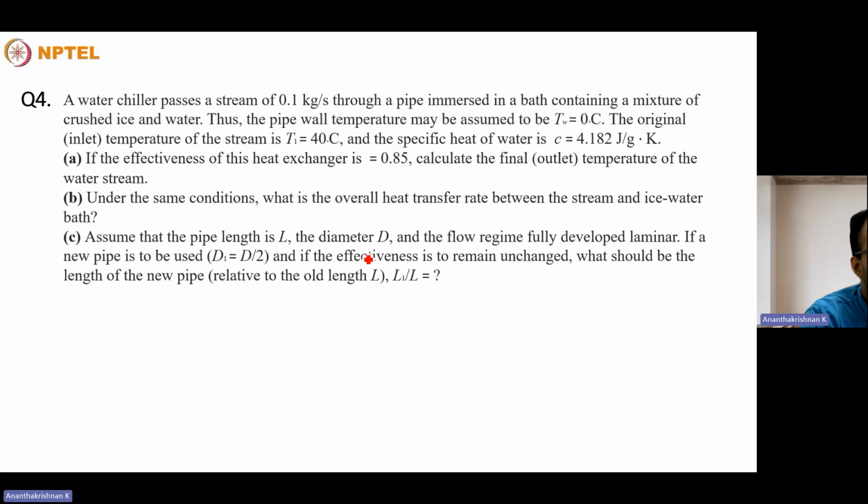Thus, the pipe wall temperature may be assumed to be T wall equal to 0 degrees Celsius. The original inlet temperature of the stream is T inlet equal to 40 degrees Celsius.